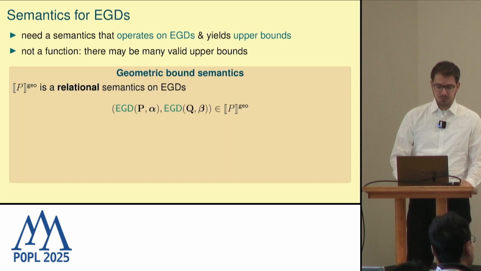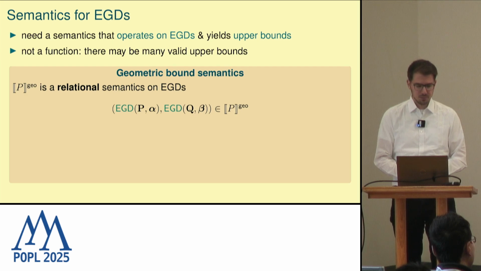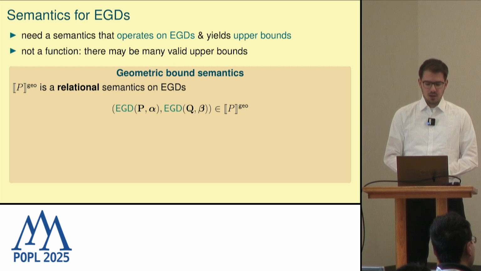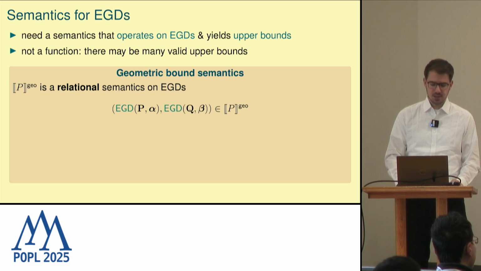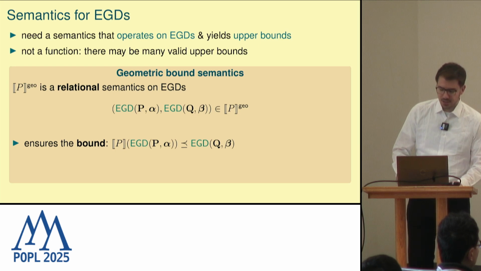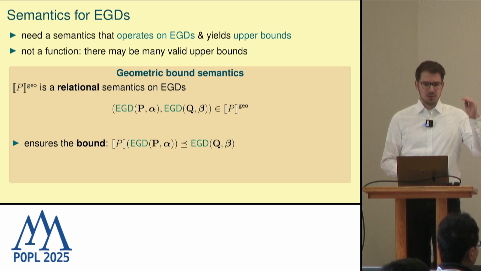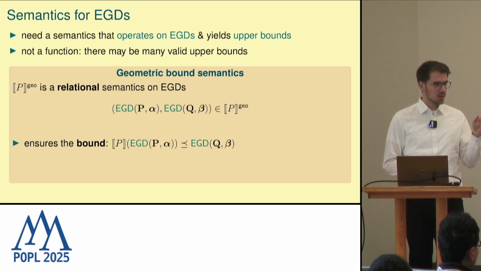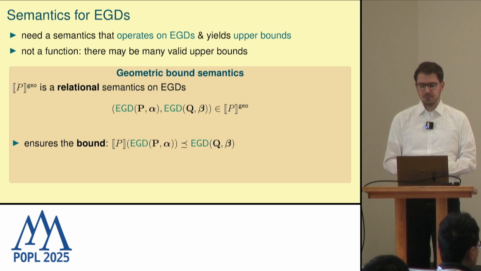So instead, we defined a relational semantics, which relates pairs of distributions. The way you can think about this is that the distribution EGD P alpha is related to EGD Q beta. This is designed to ensure that when I run the program P on this initial distribution, the result will be bounded by the right-hand side.